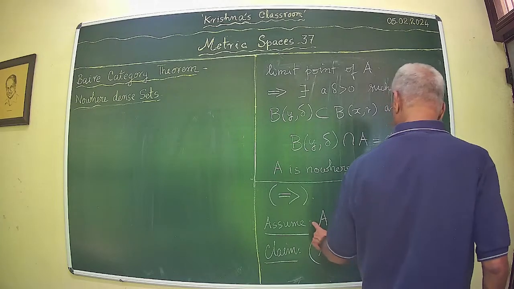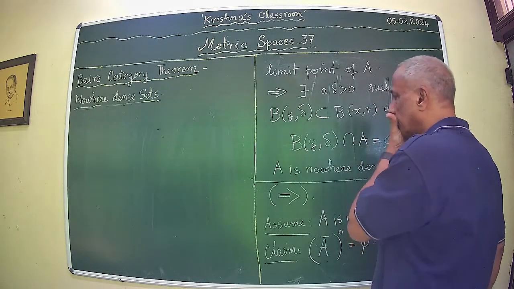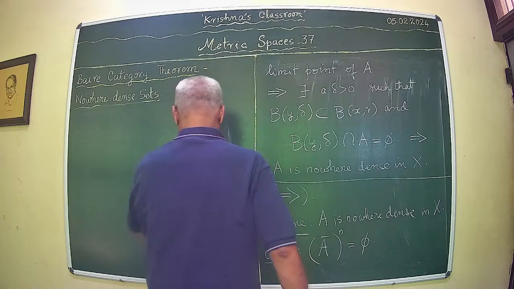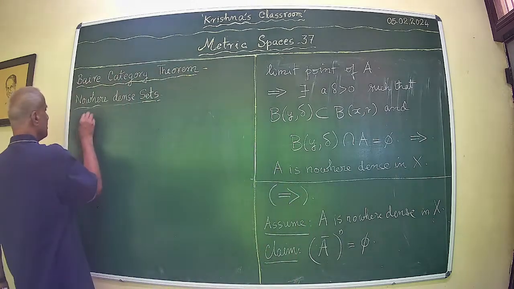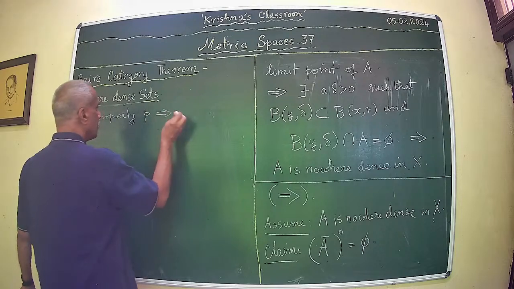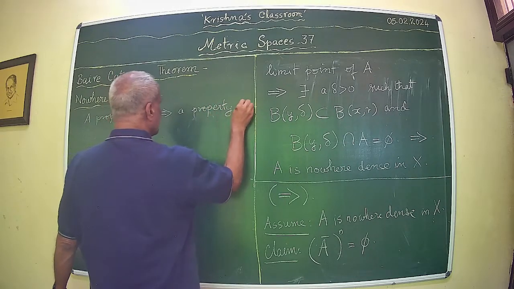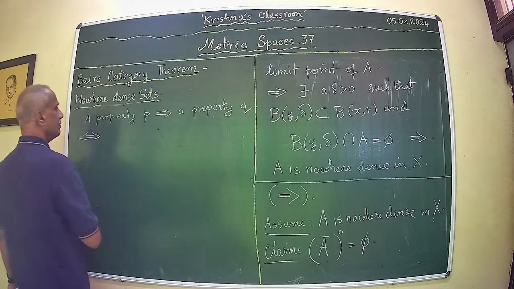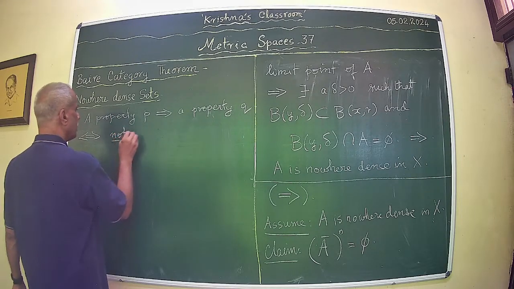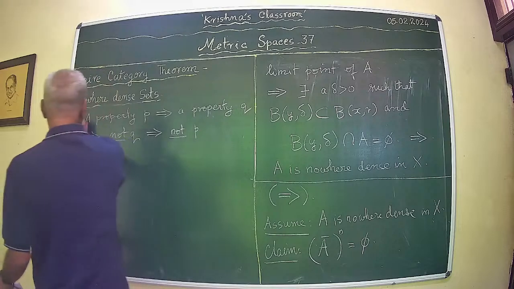So this is the property P, this is the property Q. Then it is enough to prove that not Q implies not P. Okay, so that is equivalent to proving the property. So we use this argument. This is the basis of our argument.